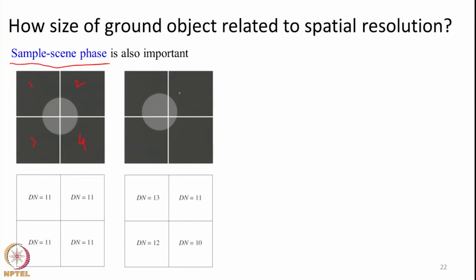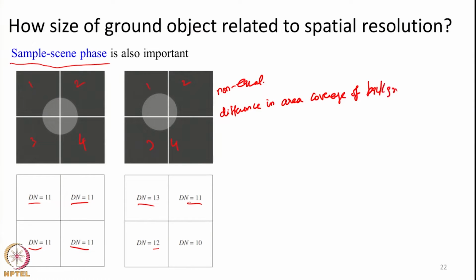Whereas here the same object is distributed in a non-equal fashion in the 4 GIFOV. Essentially, the DN values finally produced are going to be different because of the difference in area coverage of background and object of interest.